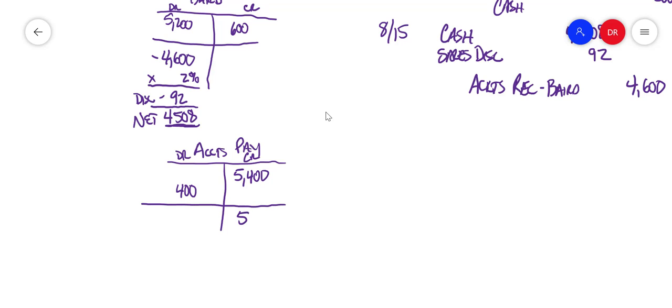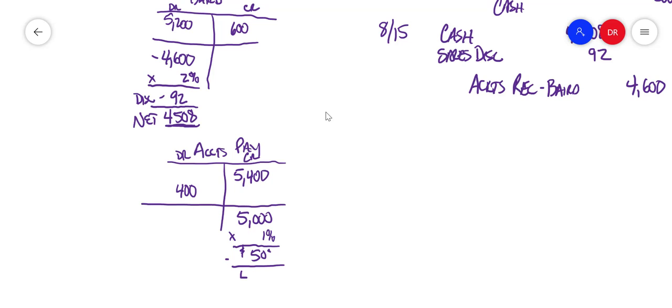The net balance for Waters is going to be $5,000, okay? And then we're going to take that times the 1% discount to get $50 as a discount. So the $50 discount, and we're going to subtract that from $5,000, which is the amount owed after we deduct the allowance.